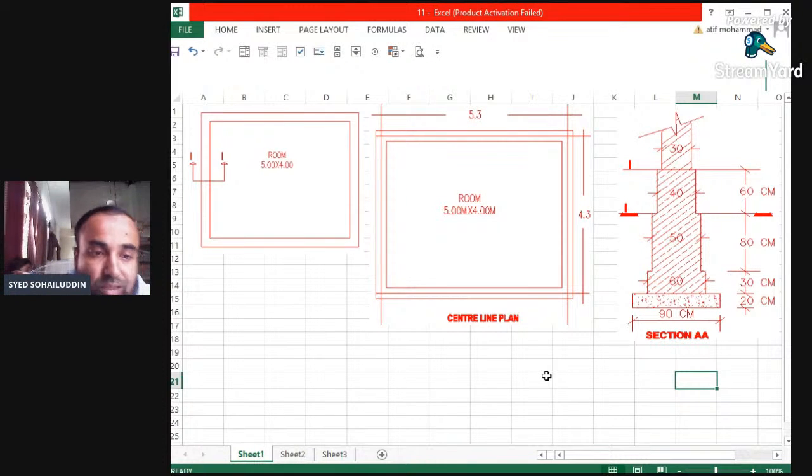What will be the total distance? The total distance here will be 5.3 meters. So 5.3 meters is the center to center distance for the long walls.